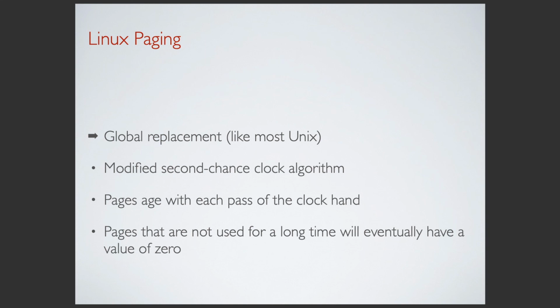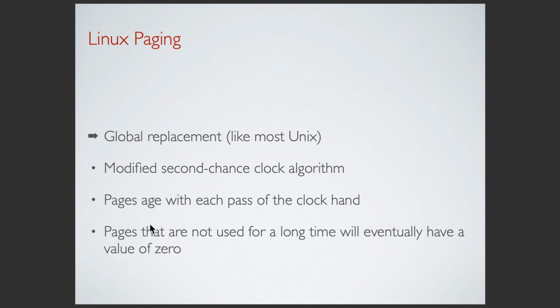Questions? Can you explain when they get to 0? So what they do is, it's not like you only have a second chance as in 1 or 0. They're going to tell you, you have been accessed, I'm going to give you maybe 10 second chances. So it's not one bit.